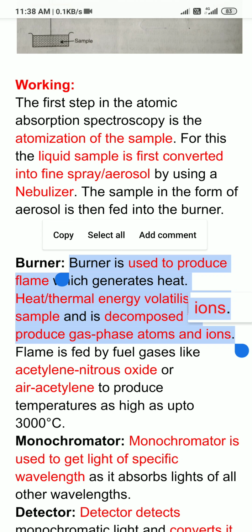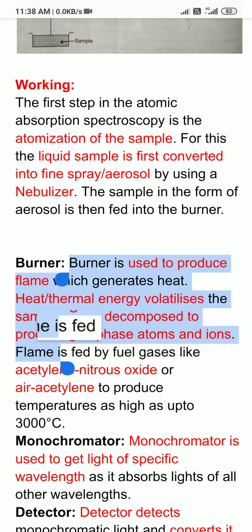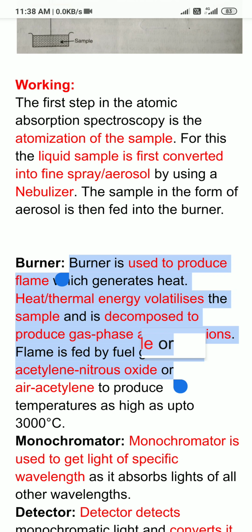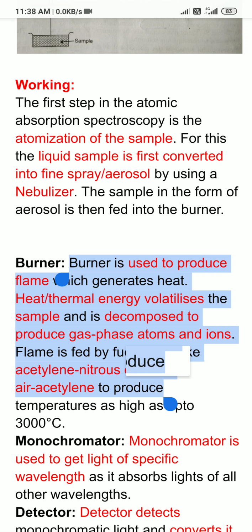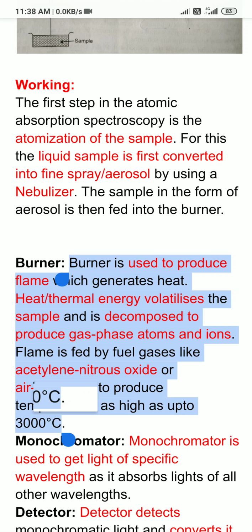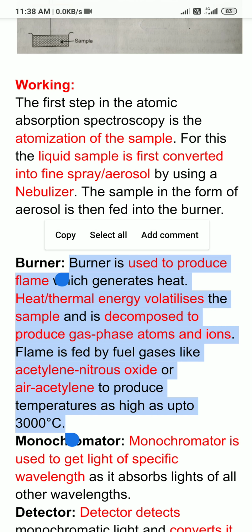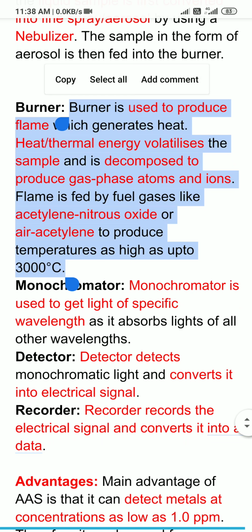And the flame commonly used in atomic absorption spectroscopy is fed by fuel gases like acetylene nitrous oxide combination, or we can use air acetylene combination to produce higher temperatures up to 3000 degrees Celsius.